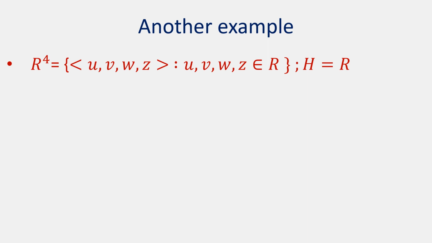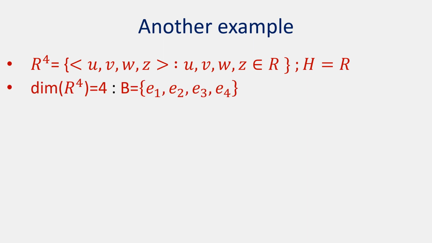Another example, if we take the set of all 4 vectors over the real numbers, then the dimension of that vector space is 4. And the basis for it are what I referred to as the basis vectors in the last lecture, these vectors E1 through to E4.